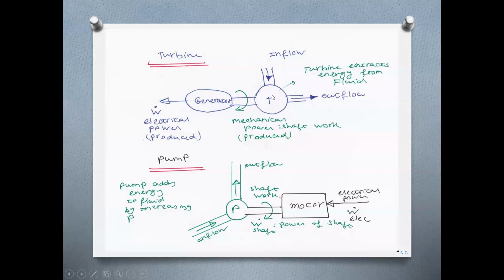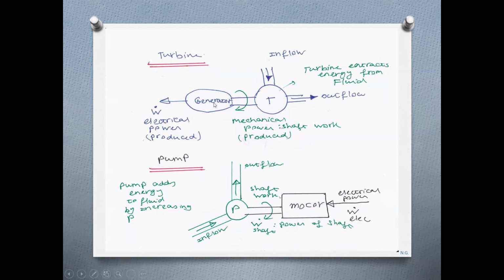The turbine extracts energy from the fluid, and it is the fluid that does work on the turbine blades. The output of the turbine is shaft work or mechanical power, which goes as an input to the generator.